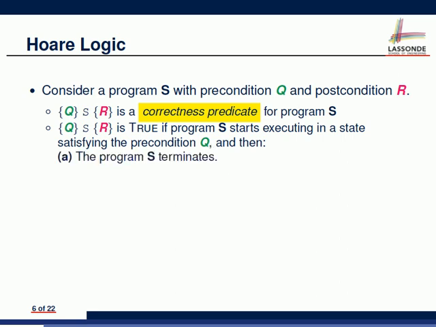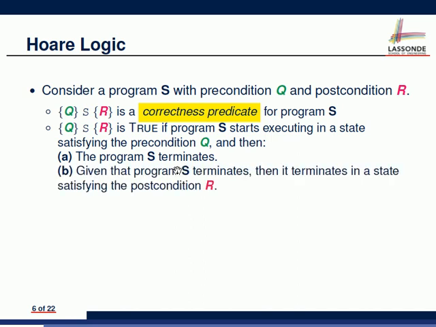Now, first of all, we say that the program is correct if, first, the program itself terminates. And the second thing is, given that the program terminates, we want to make sure it terminates in a state that satisfies the postcondition. So you can see that there are two concerns here. Again, separation of concerns.